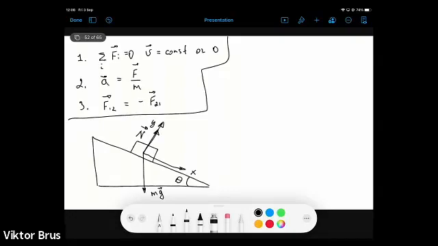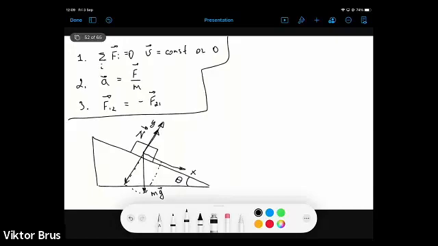And we can split the weight of the body into two components. One component along axis y, let's show it here, and one along axis x. The one along axis y we will determine based on the orientation of the weight vector with respect to the normal to the inclined plane surface.